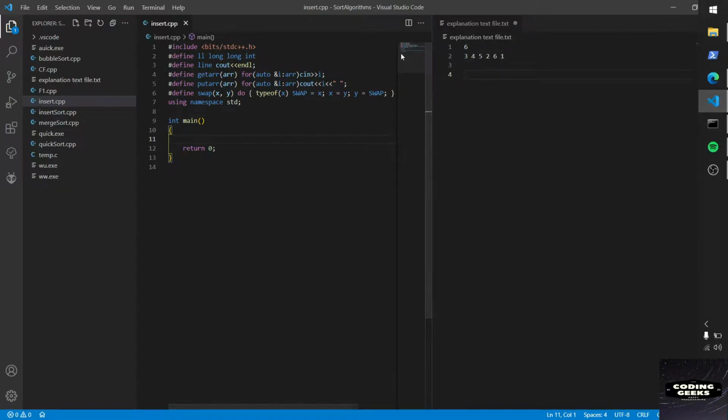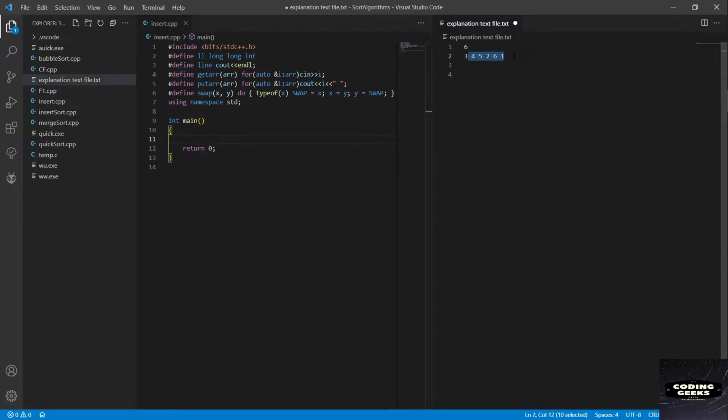We are starting right away with insertion sort's main crux, and that is it's essentially like sorting playing cards. Consider this the whole playing card set: 3, 4, 5, 2, 6, and 1, and you want to arrange it in ascending order.